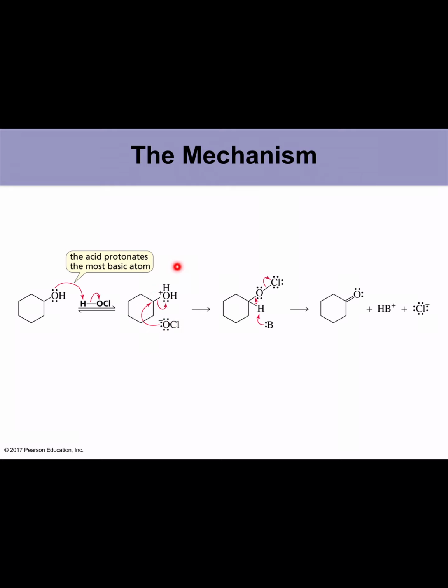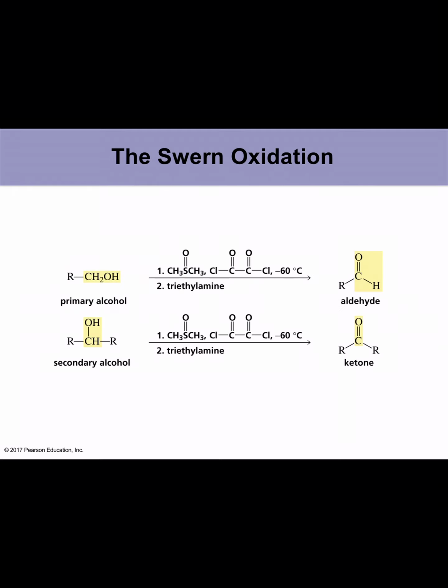It attacks the carbon and then the water molecule leaves. Now this OCl group is attached to this carbon, and then the base can come and grab a hydrogen here and give its electrons to form a double bond, the carbonyl group, forming a ketone.